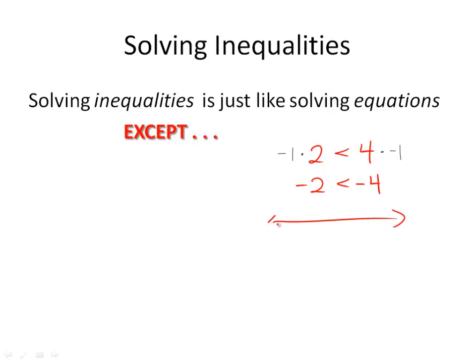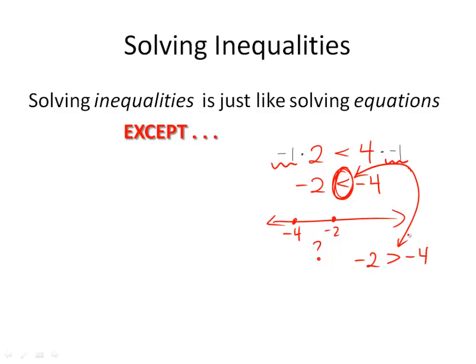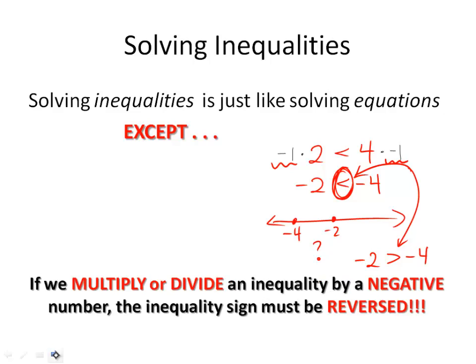Now, is this still true? Is -2 less than -4? The sign had to switch. Bam! If you multiply or divide an inequality by a negative number, the inequality sign must be reversed.